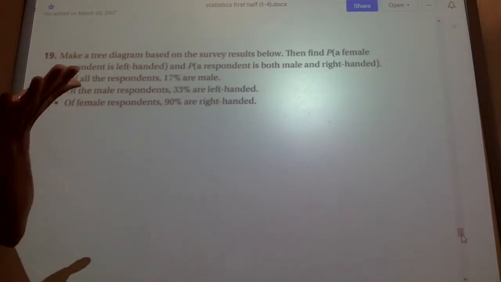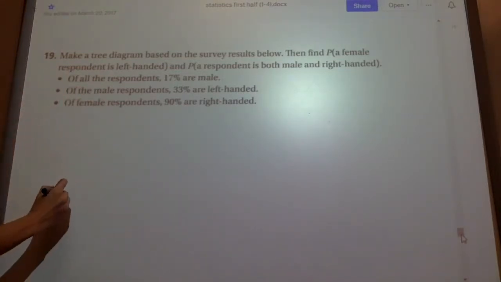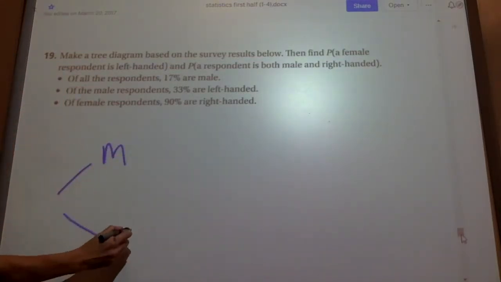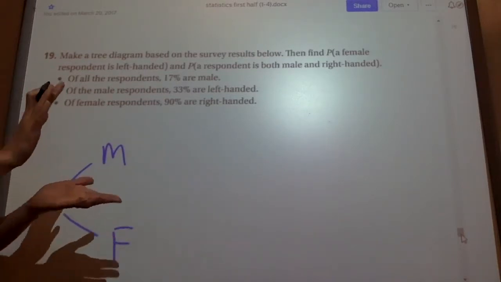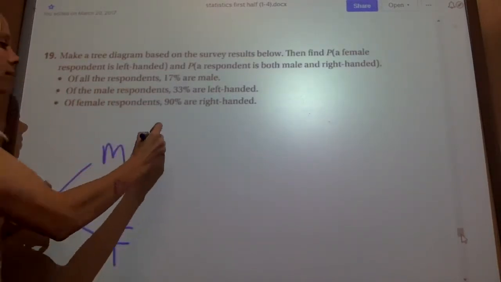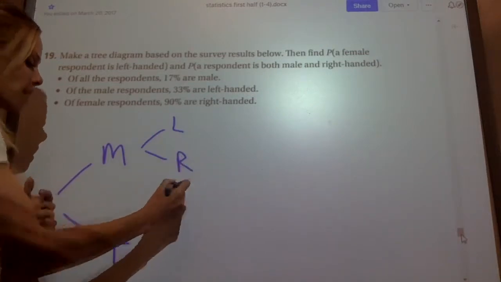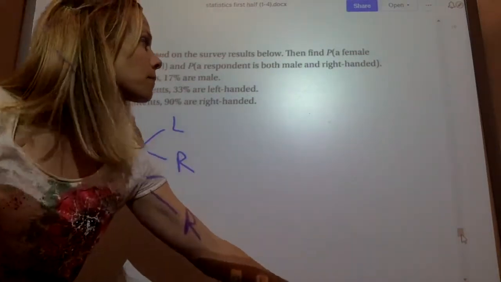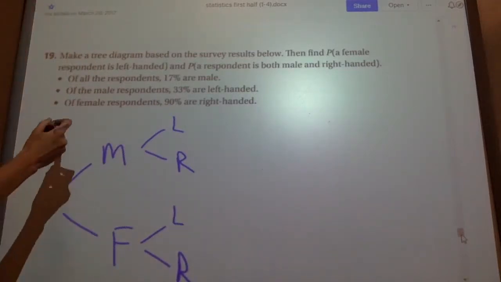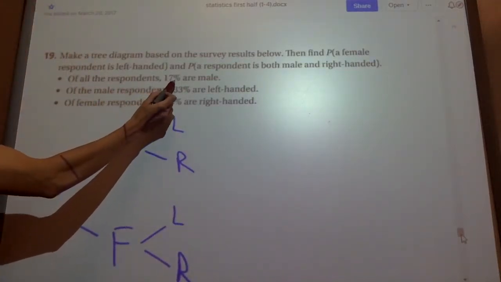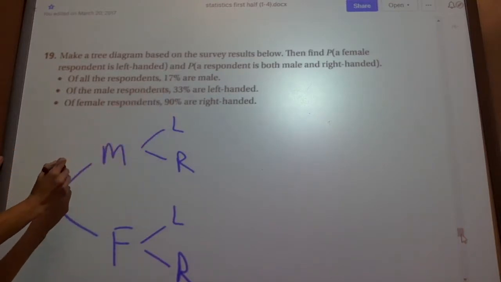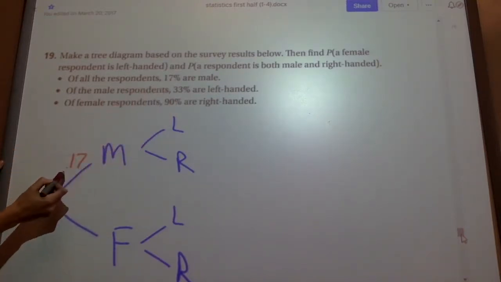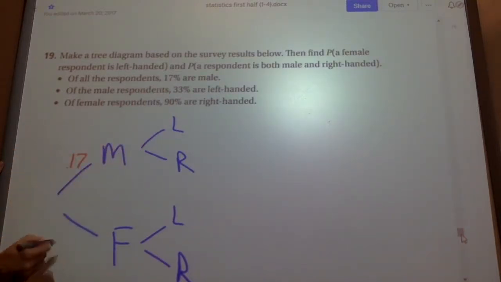I walk into a room and I notice what first? Gender, male or female. Then I look at the males and consider left or right, and the females, left or right. So I can fill this out. Of all the respondents, 17% are male. So if 17% are male, what percent is female? 83.